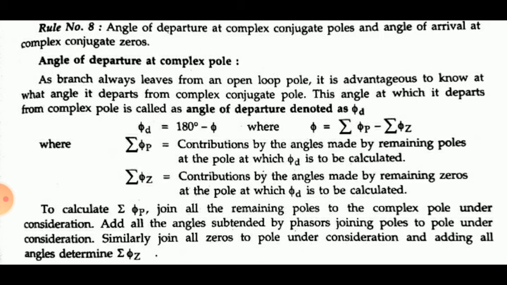Phi d, that is the angle of departure, will be equal to 180 degree minus phi, where phi equals summation phi p minus summation phi z. Summation phi p means contributions by the angles made by the remaining poles at the pole at which phi d is to be calculated, and summation phi z will be equal to contributions by the angles made by the zeros at the pole at which phi d is to be calculated.